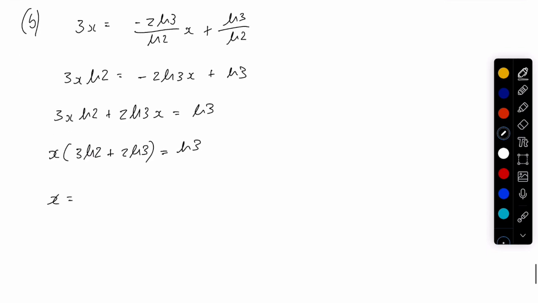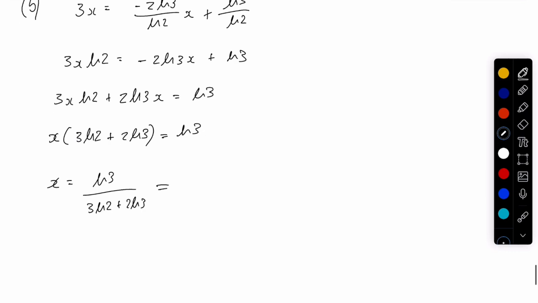Therefore x is going to equal ln 3 over 3 ln 2 plus 2 ln 3, which corresponds to x equaling ln 3 over ln 8 plus ln 9.